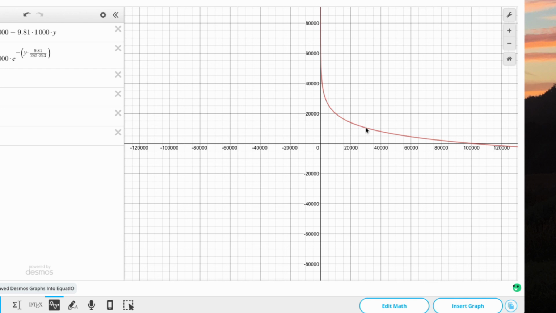And so you can see that by the time you go up to 10,000 meters in elevation, the pressure goes down from 100 kPa to something like 30 kPa.